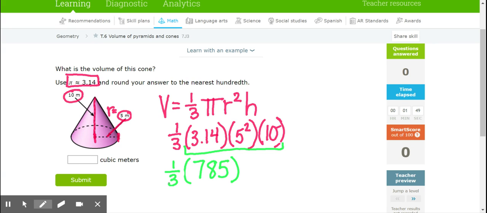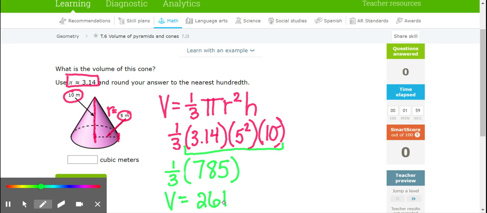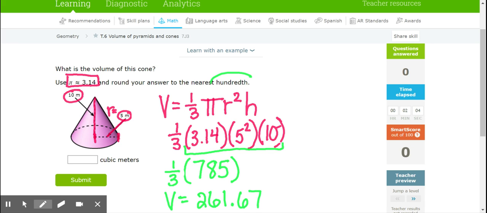So I'm going to type in 785 divided by 3, and I'm going to get 261.67. It tells me to round to the nearest hundredth. I looked in my calculator and I had to round, and that's what I got. So the answer is 261.67.